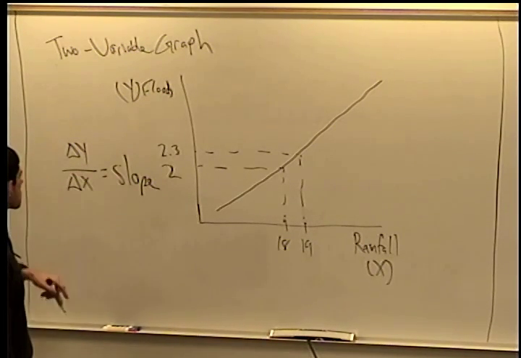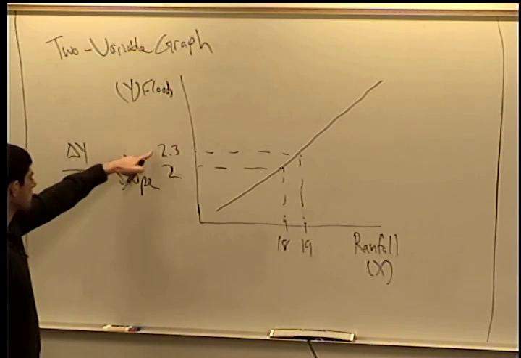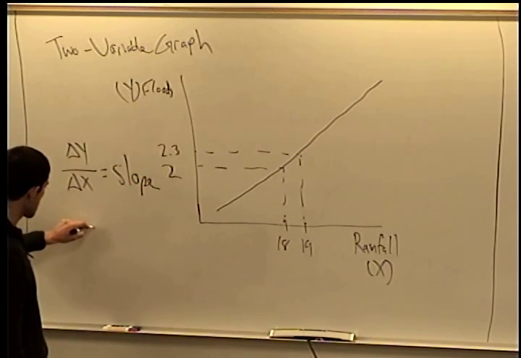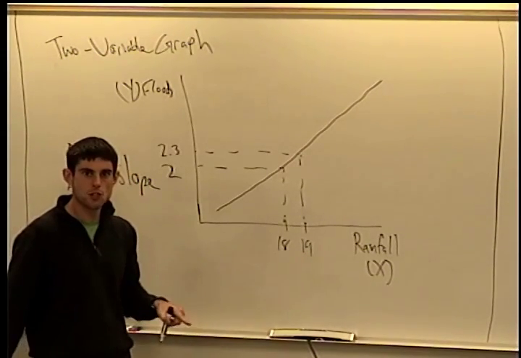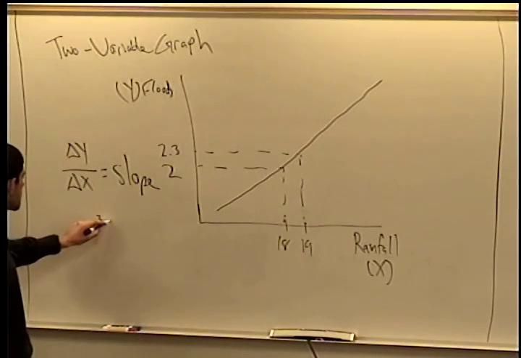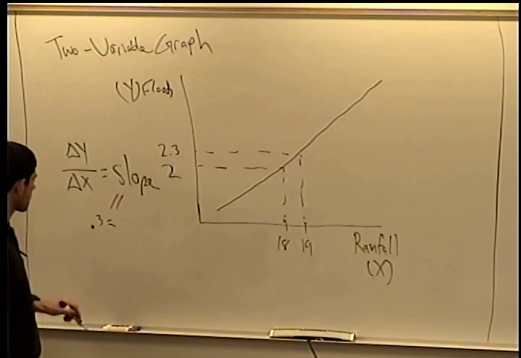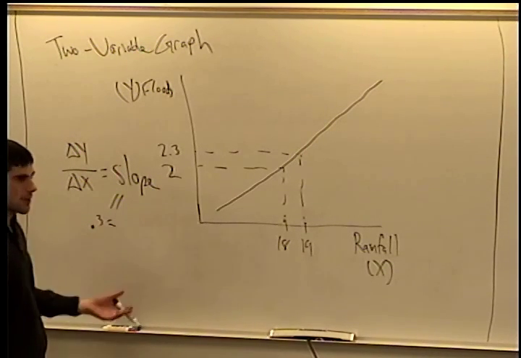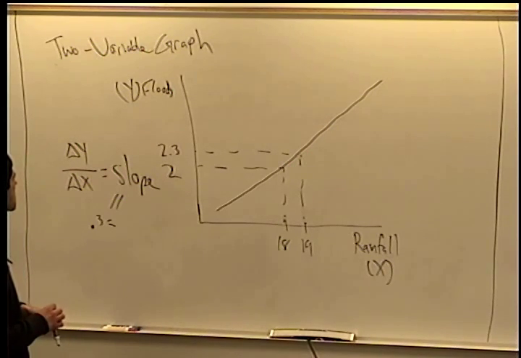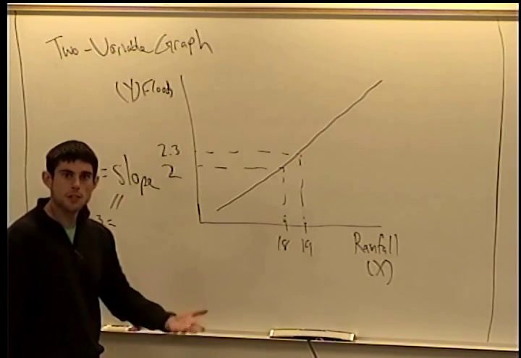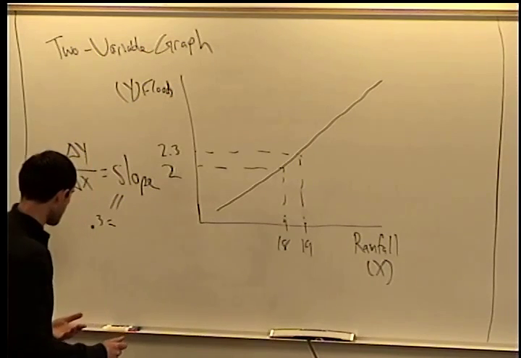So here, the change in y was 2.3 minus 2, which is 0.3, over 19 minus 18, which is 1. So the slope would be equal to 0.3 floods per inch of water. Okay, so we're looking at the slope, and that's helping us think at the margin as well.